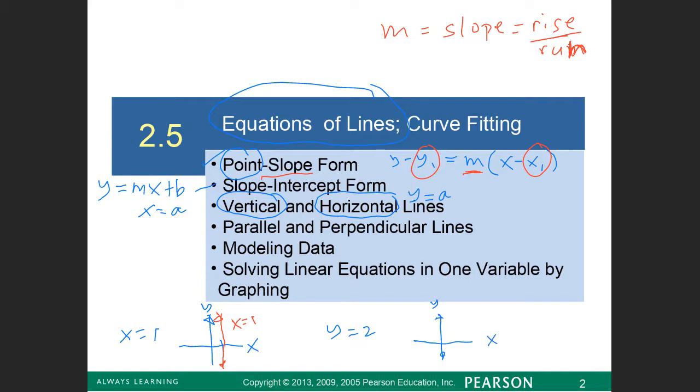So find the value for y, which is 2, and the line should be crossing at that point. That would be your y is equal to 2. So that's the line, which is a horizontal line.